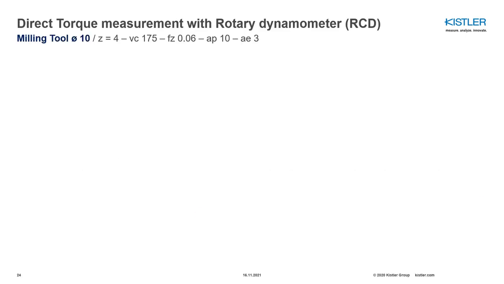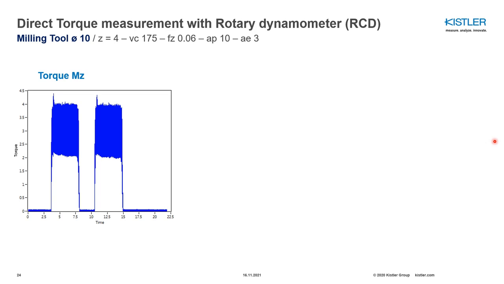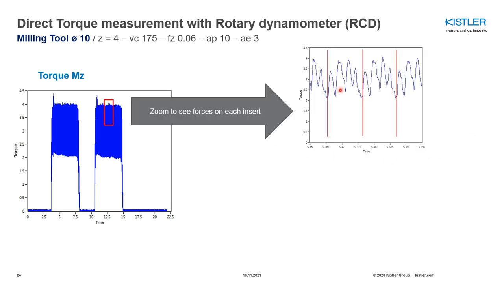Let's look at a milling tool now. In this case, face milling, we have 4 inserts, and we look at a torque measurement. If you zoom in on that measurement, you can really see the moment distribution around each insert. And that can also be seen with the polar diagram.